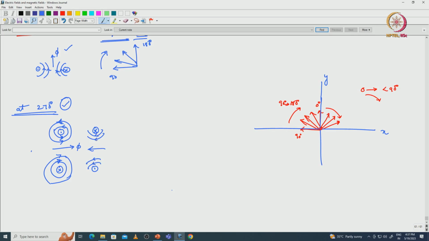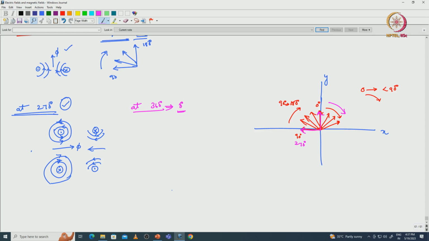So if I plot the same thing on this plot, from 180 to 270 it is the same as 0 to 90 degrees. It is rotating in this manner, but exactly at 270 degrees the flux vector is in this direction. Next, 360 degrees is equivalent to 0 degrees, right.